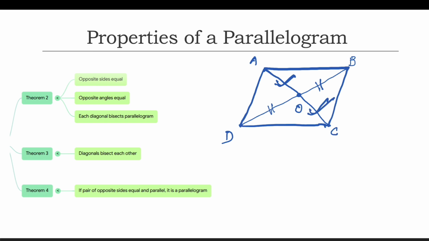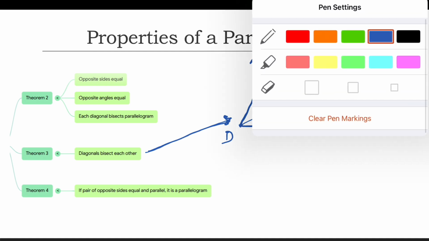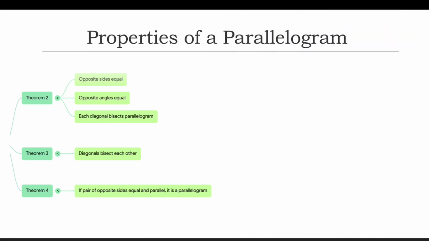So three properties: opposite sides of the parallelogram are equal, opposite angles are equal, and the diagonals bisect each other.